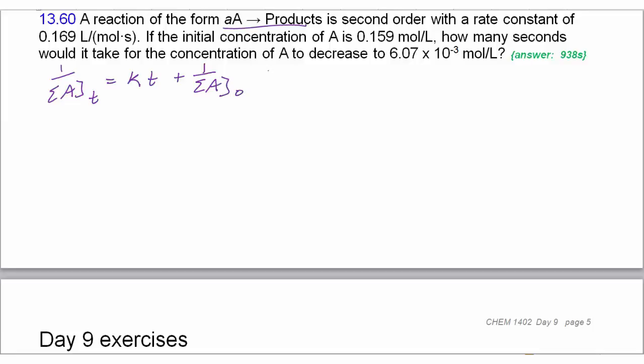So they told us some things here. They said the rate constant is 0.169. K is 0.169.